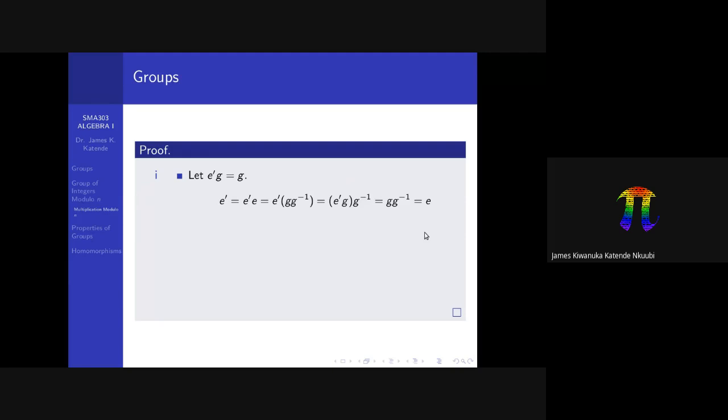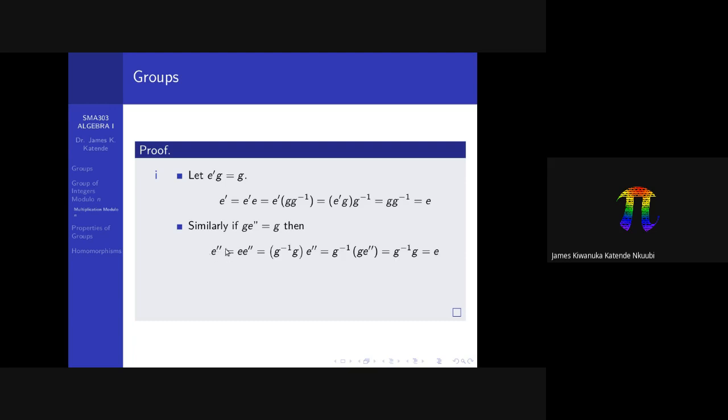The same ideas are used for an element that behaves like the identity on the right. So if E double prime behaves like the identity on the right, then we show again that it's equal to the identity element.